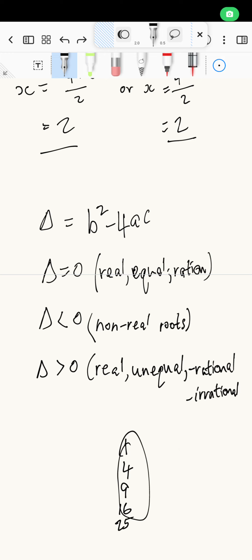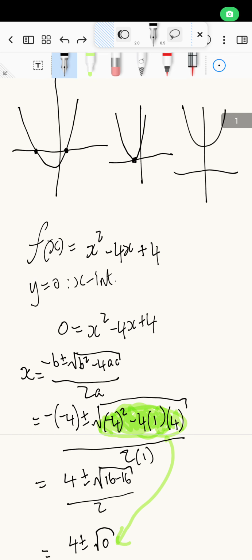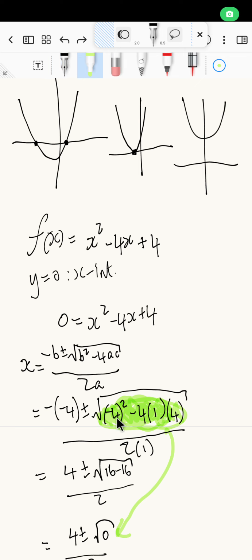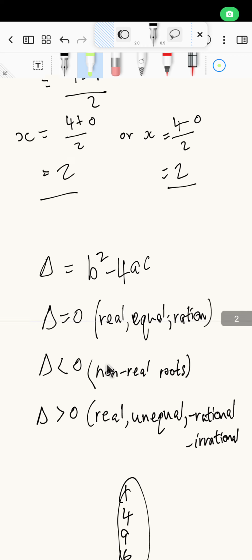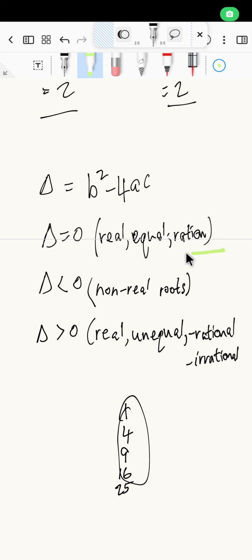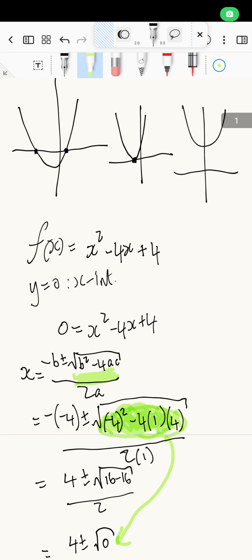Okay, so we're going to get into the next question in a moment. But when you want to find out whether it's going to look like picture 1, 2, or 3, you only look at delta. What is delta? Delta is this thing under the root. You only look at delta. If delta is 0, then it's the picture in the middle.